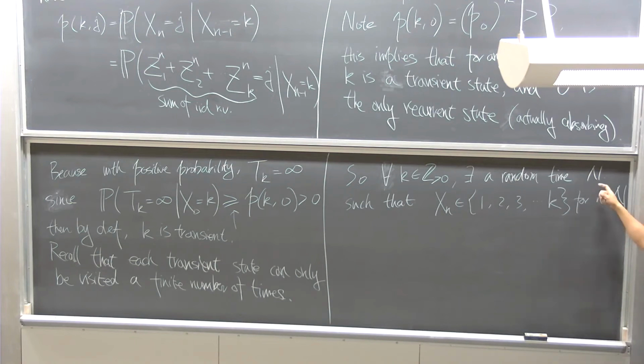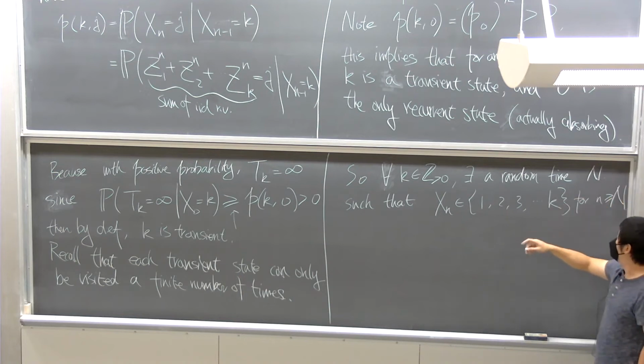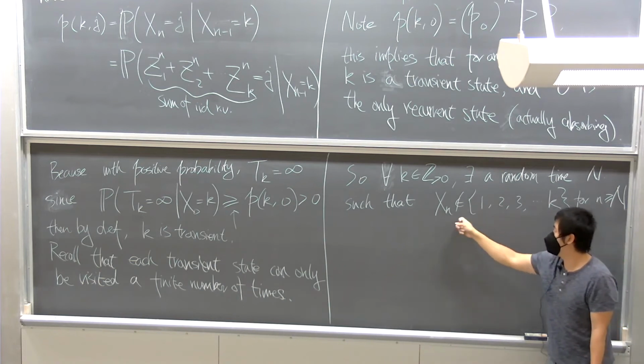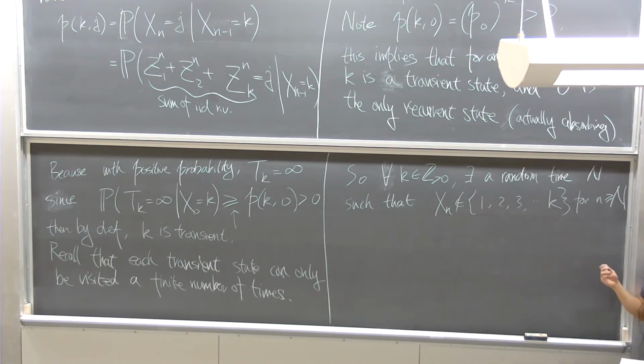So there exists some random time, not deterministic, such that after a long time our Markov chain cannot visit any of these states, because it can only visit them a finite number of times. So when n is a large number, it won't be inside the set.